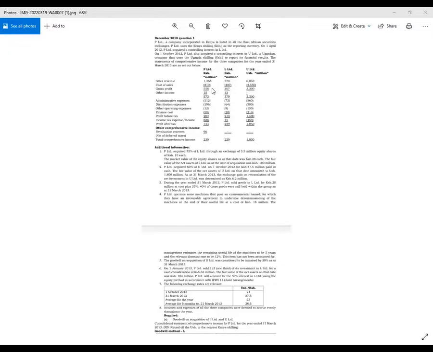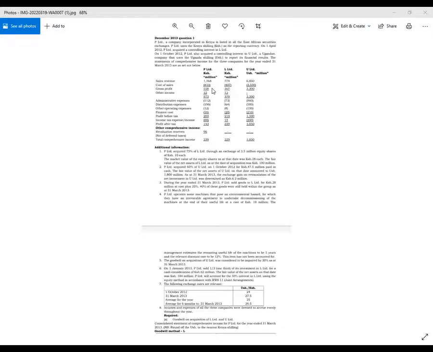For L, I'll only recognize for 9 months. So L, I'll take 407 times 9 over 12, plus the one of Uganda, whose currency has been translated, which is 133.96 times 6 over 12.